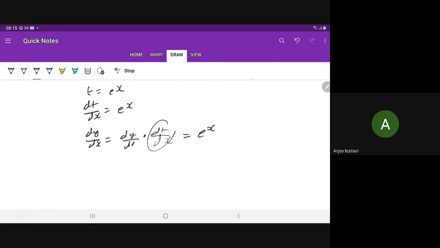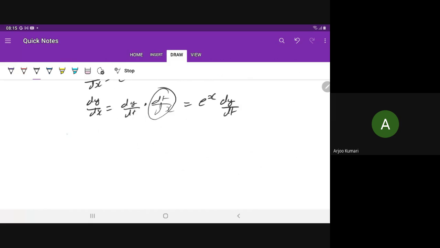In place of dy by dx, we can write e to the power x dy by dt. Now, if we have to compute d2y upon dx2, it is d by dx of dy by dx. So this can be written as d by dx of e to the power x dy by dt.